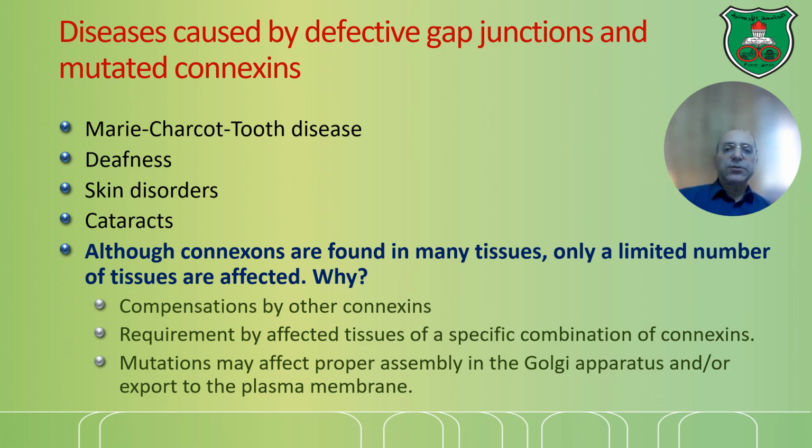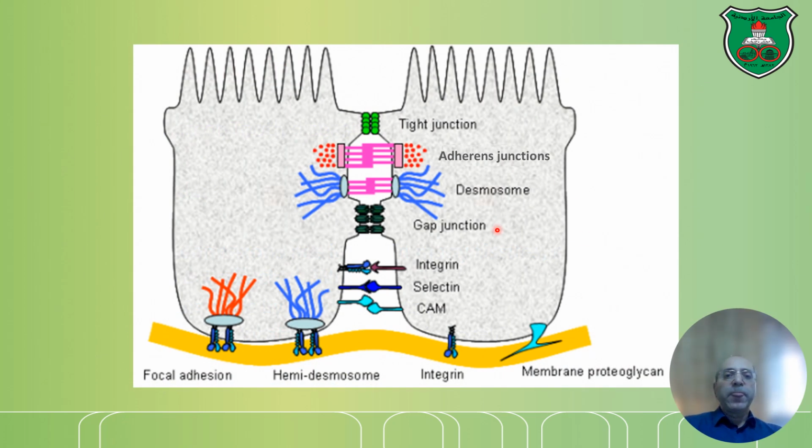Again, just to sum up, we have different ways by which cells can interact with each other and their surroundings. We talked about focal adhesions, where you have integrins linked to the actin filaments, and the integrins bind to the extracellular surface. We have other types of proteins that form hemidesmosomes, and these hemidesmosomes can interact with other integrins that can interact with the intermediate filaments.